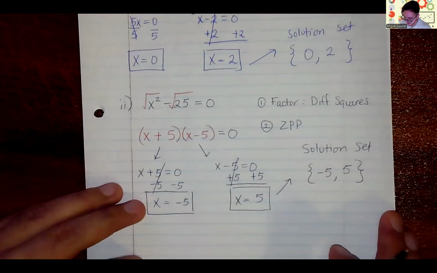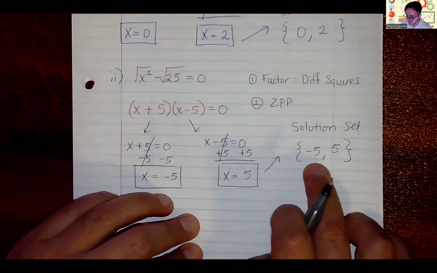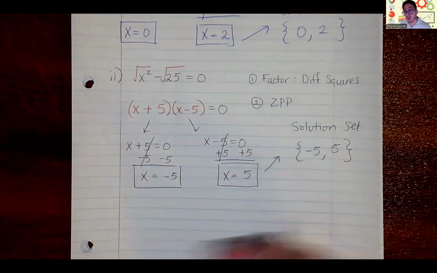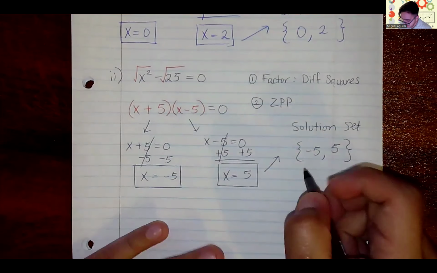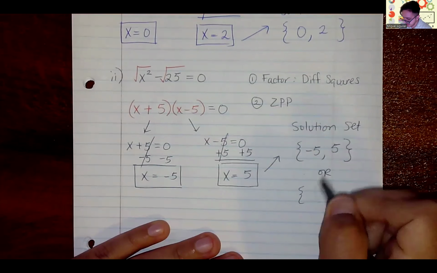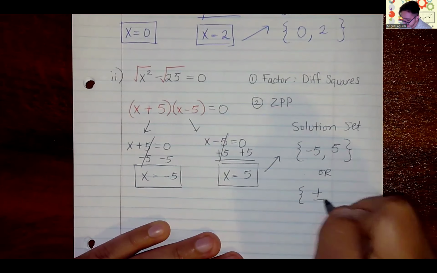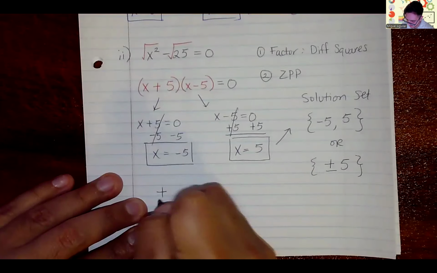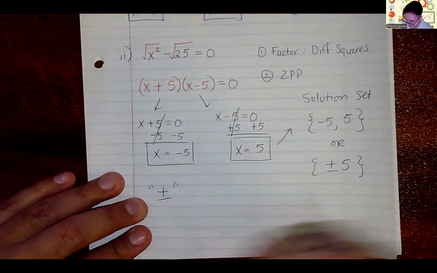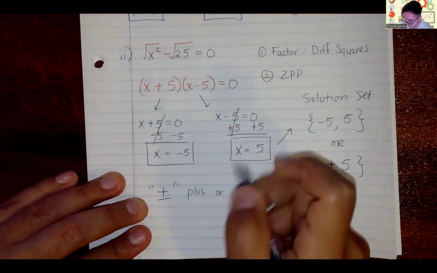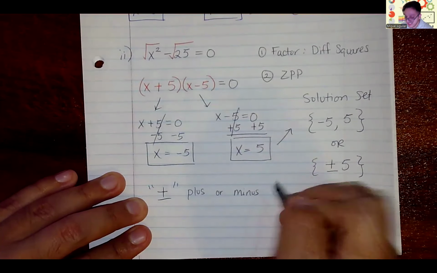Now, you might want to be aware that whenever you have your solutions where they're kind of opposites of each other, one is the positive and one is the negative number, there is another way that you could write this. So you could write this alternatively as plus or minus 5, where this plus or minus symbol just means literally plus or minus, at least that's what we call it.